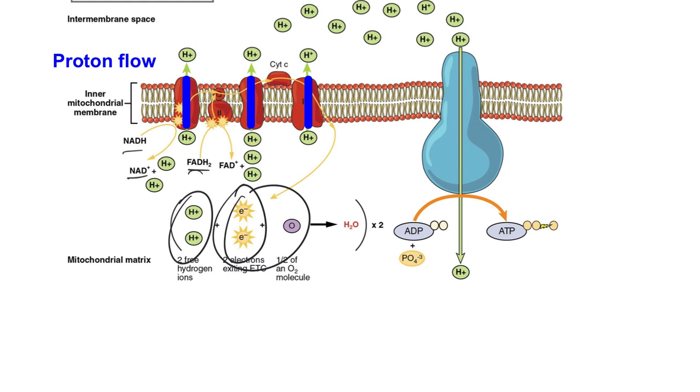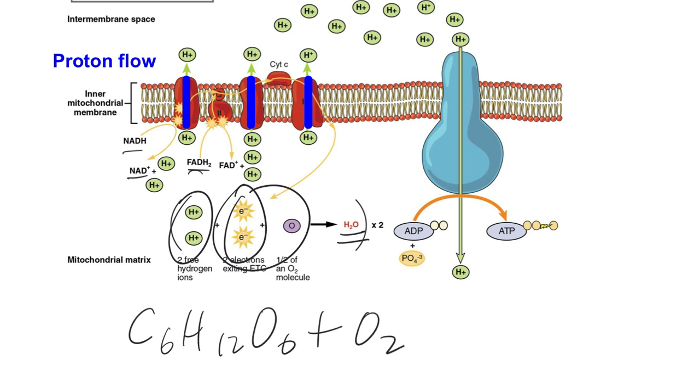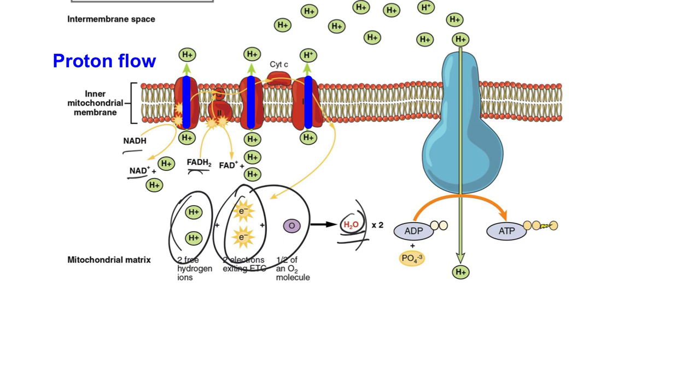It will form water molecules. And that's where, in the equation, C6H12O6 plus oxygen, because that's where the oxygen comes into the aerobic respiration equation, to form H2O plus carbon dioxide. We already showed where the carbon dioxide formed. This is where the water is forming.